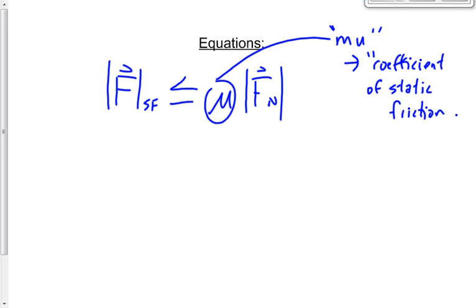The higher the value of the coefficient of friction, the more they stick together. So for instance, rubber on asphalt would have a higher coefficient of friction than rubber on ice. That's why we want to be on asphalt in our cars as opposed to on ice, because it stops better. The coefficient of friction is bigger, the force of friction is bigger.